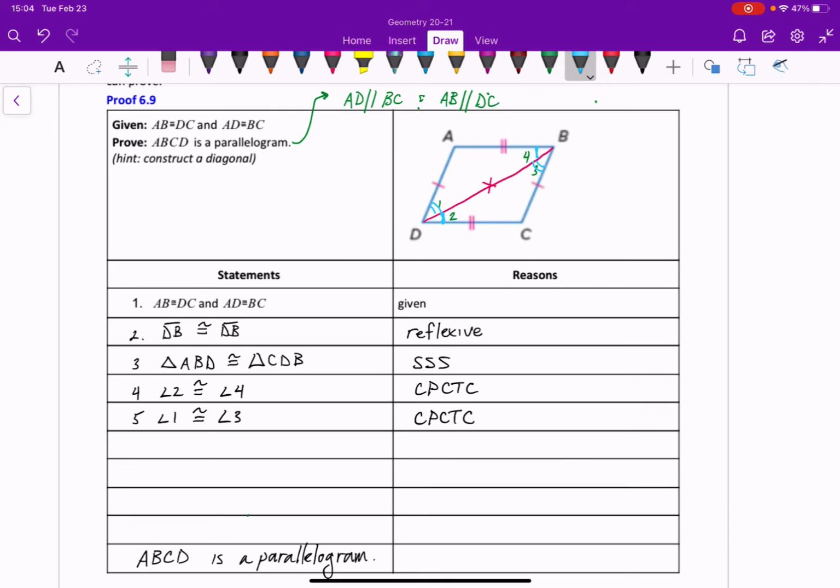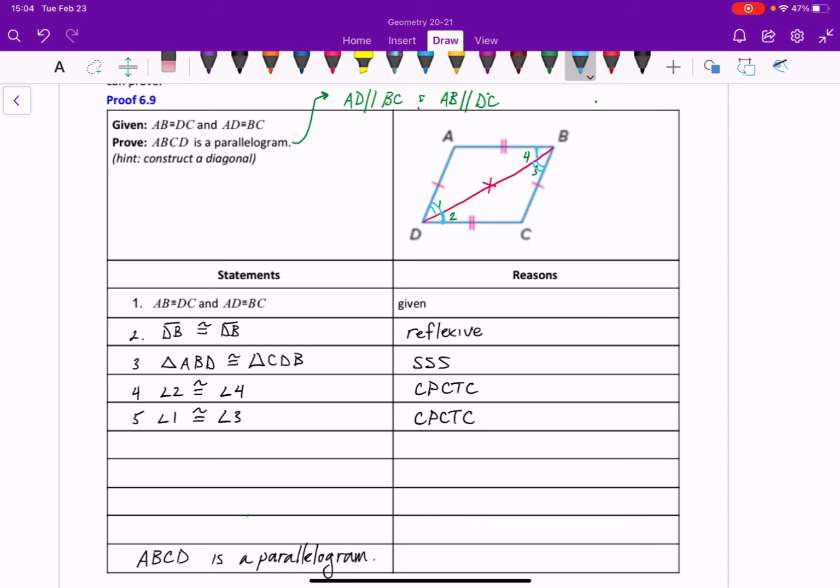Now note that angle 2 and angle 4 are alternate interior angles of lines AB and DC.